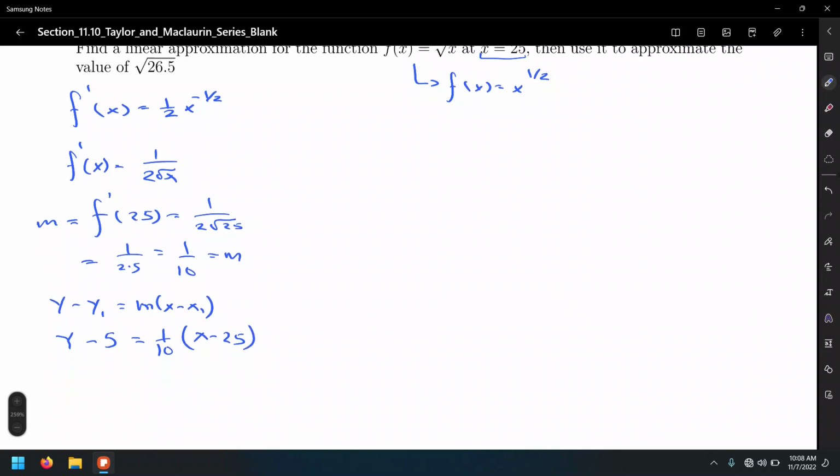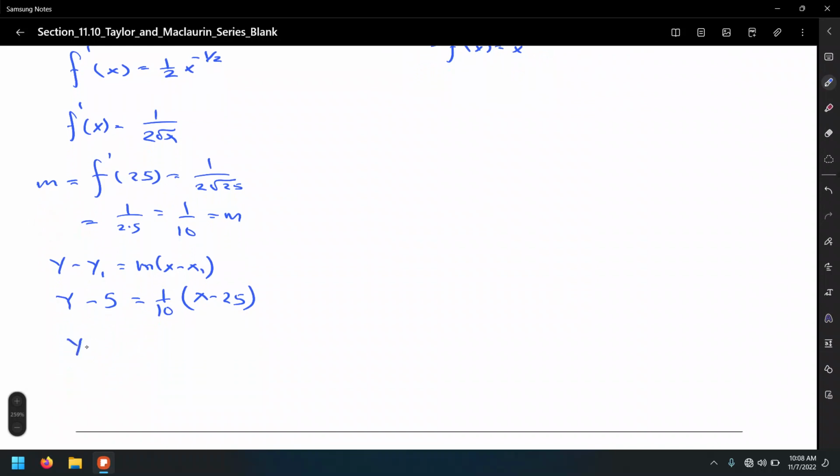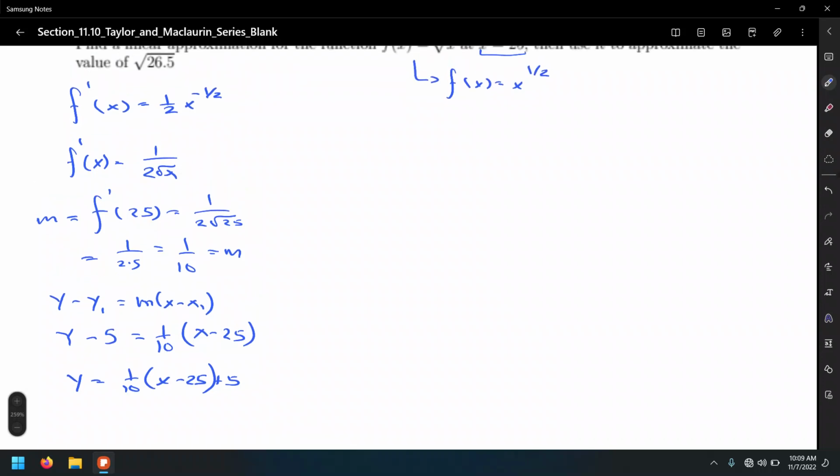Let's solve for y: y equals 1/10 times (x minus 25) plus 5. You might be thinking of distributing the 1/10 over x and minus 25, but my advice is not to do that, because leaving it like this makes the calculation a lot easier.